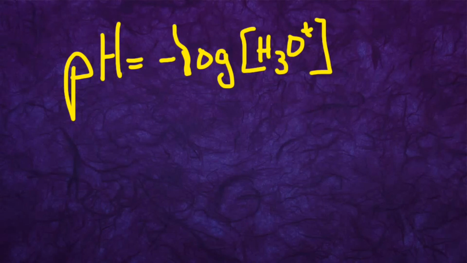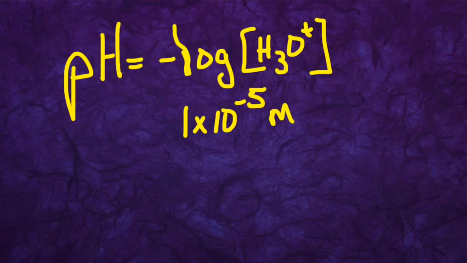Well, we have hydronium concentrations that can be, let's see, 1 times 10 to the negative 5th molar. If that's our hydronium concentration, then here's how we find the pH.